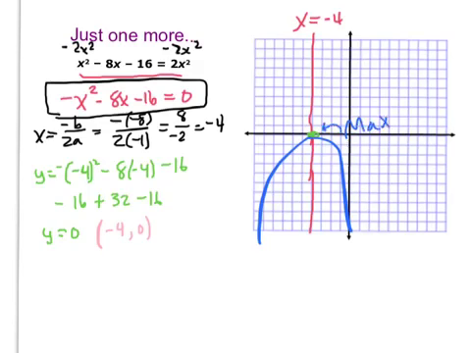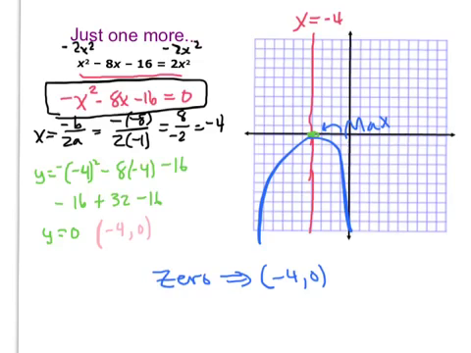So can we assume that this isn't going to cross the x-axis in any other place? Well, yes, because we know that no other point is going to touch it. So the only 0 that we're going to get is the 0 at negative 4, 0.